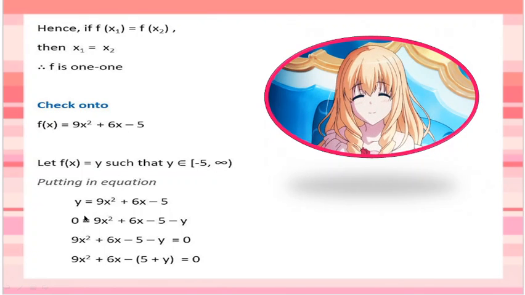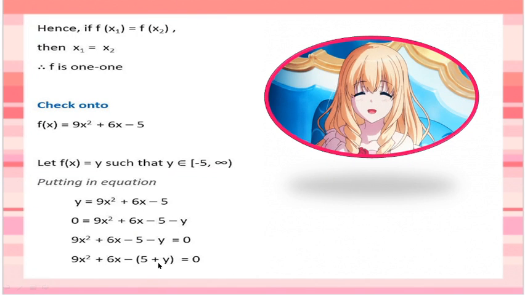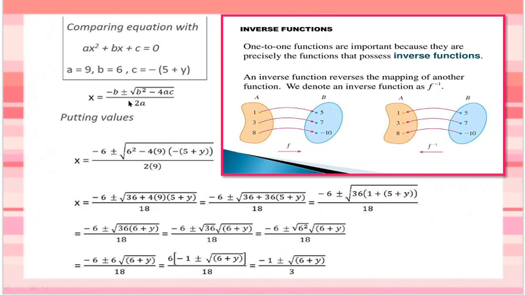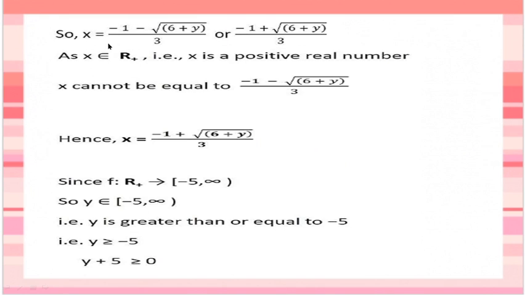Now let's check onto. y is equal to this thing, and now let's write this equation in the form of a quadratic equation, and let's solve it by using the quadratic formula. After that we are getting x equal to this or this. Again x is always positive, so we will ignore this value and will consider this value: minus 1 plus under root 6 plus y upon 3. Now the function is defined from R plus to minus 5 to infinity. So y always belongs to this interval.